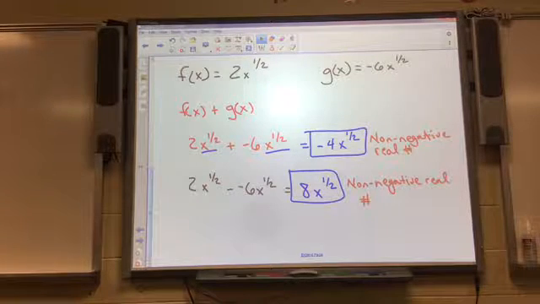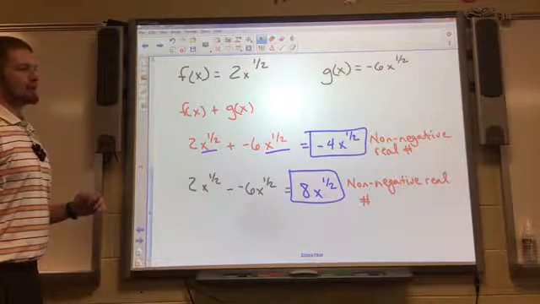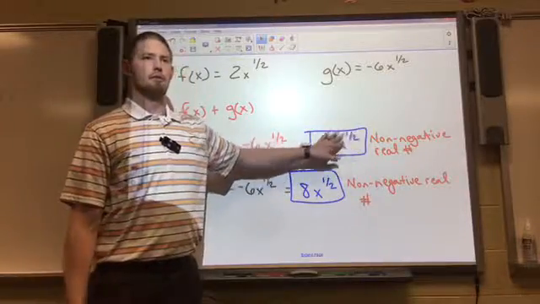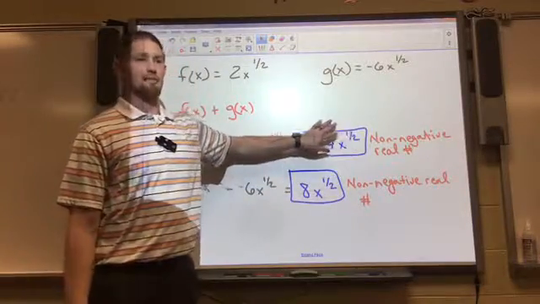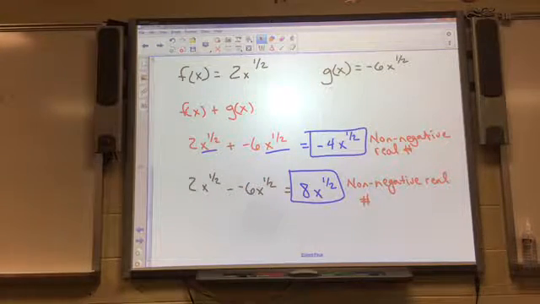I don't think they ever actually ask you for the range here, because there are only x's here. In the past, we've always said that the domain is your x's and your range is your y's. Right now you're really only finding your domains, because all we have left in the end is x values.